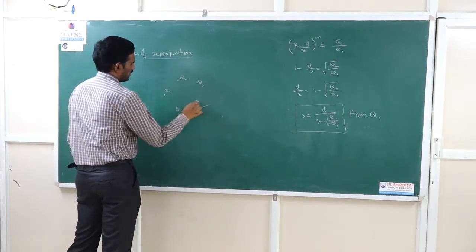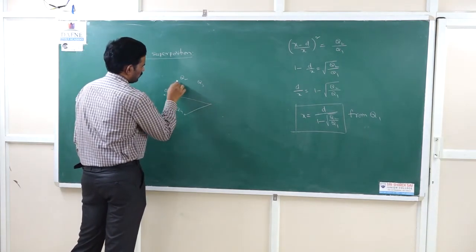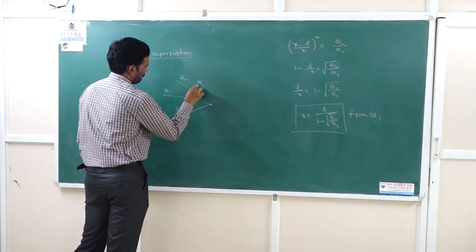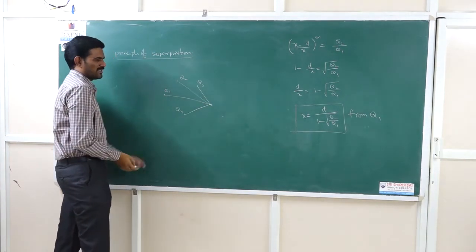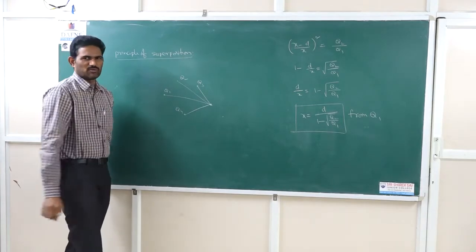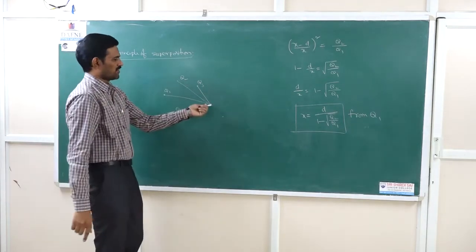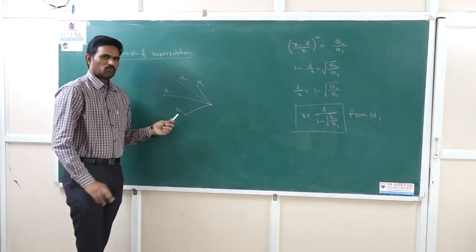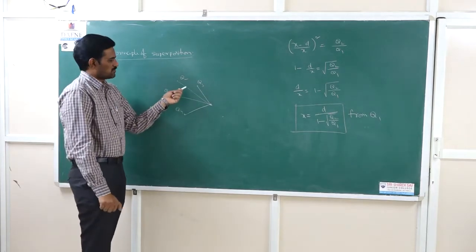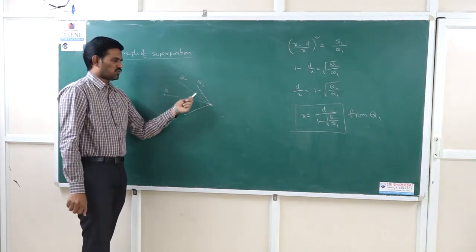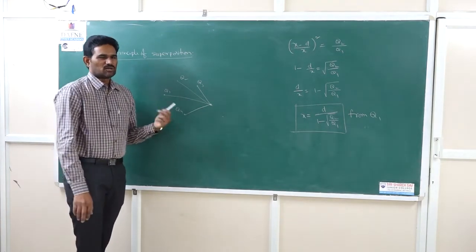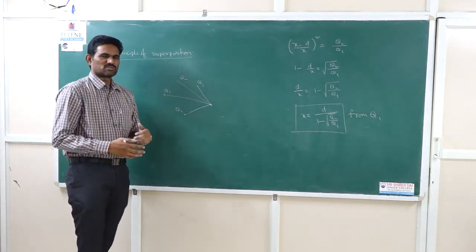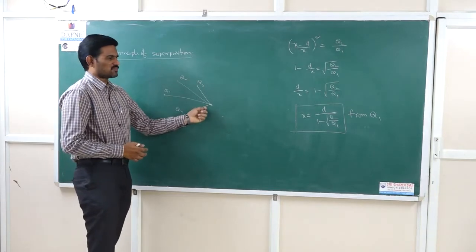Now suppose here we need to find the electric field at this point. Then the electric field at any point is a vector sum of field due to individual charges. That means at this point we find the field due to Q1 both in magnitude and direction. Similarly we find the field due to Q2, Q3 and Q4 and we add them vectorially. That gives the resultant electric field strength at this point.